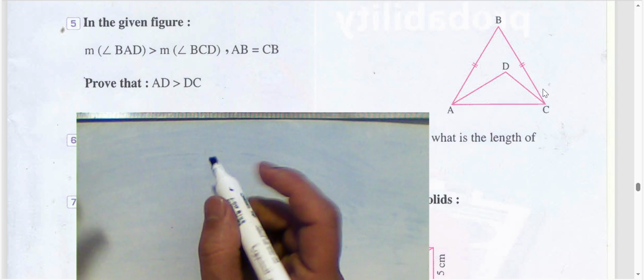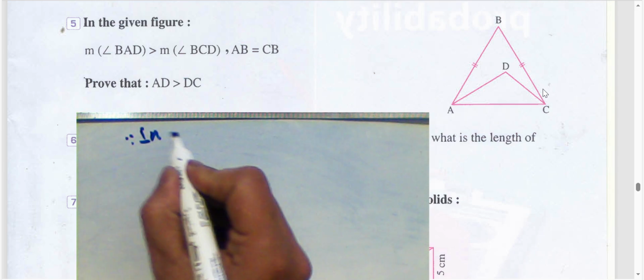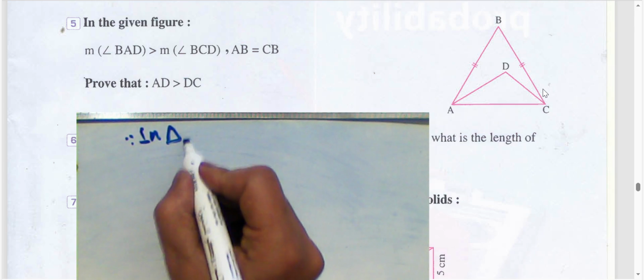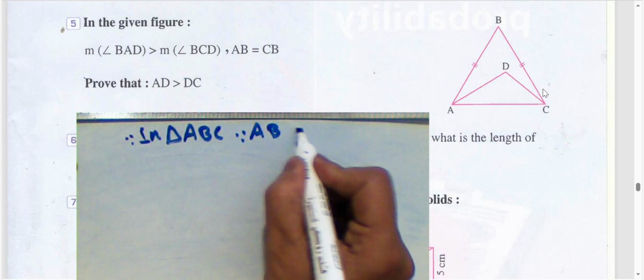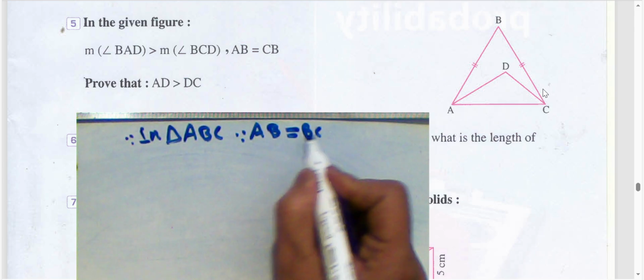Okay, first step, in the base triangle ABC, we have AB equal to BC. What's the meaning?